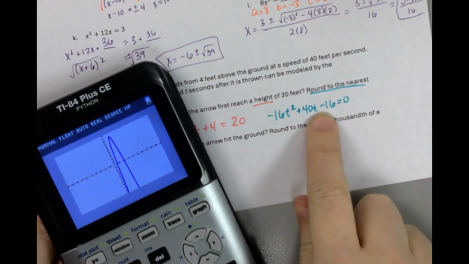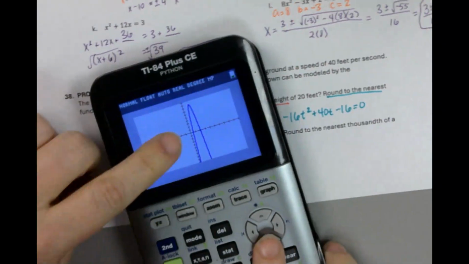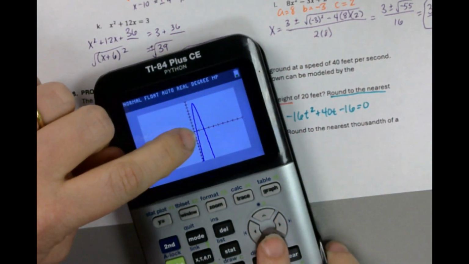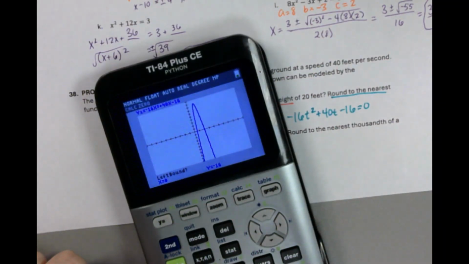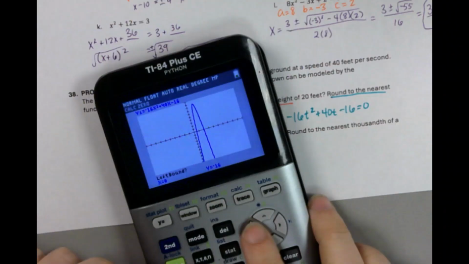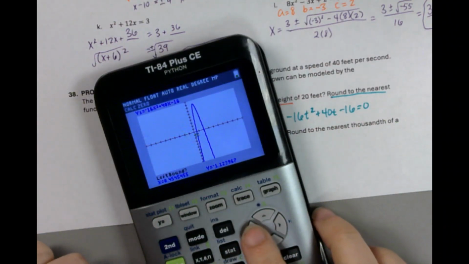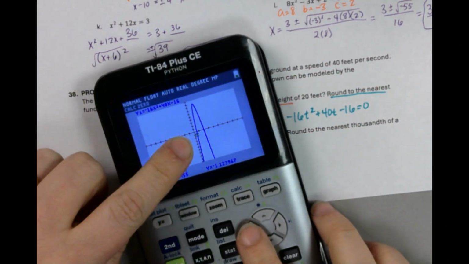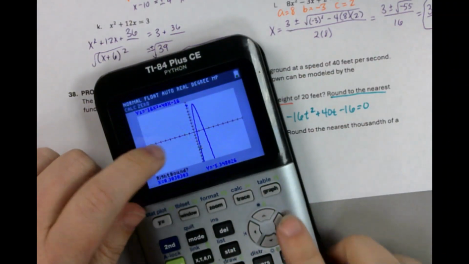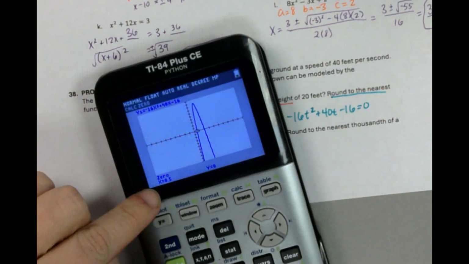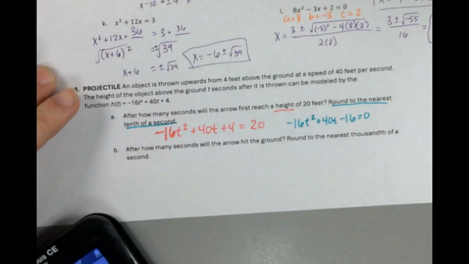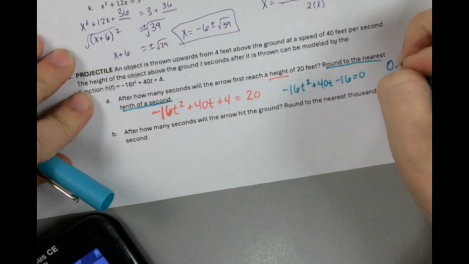So since I subtracted the 20, I want to know the first 0. I don't actually care about the other one. Second calc, I want a 0. And specifically, I want this first 0. So I go until I can see the cursor on the left, cursor on the right. Any guess is fine. 0.50. So after how many seconds will the arrow first reach a height of 20? After 0.5 seconds.